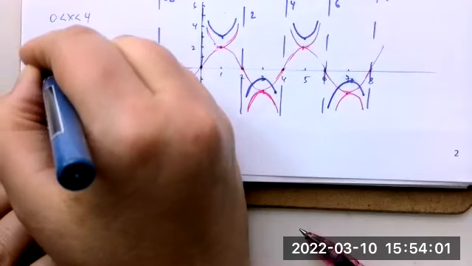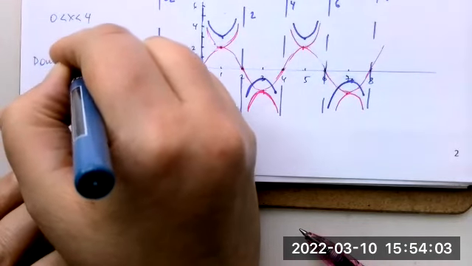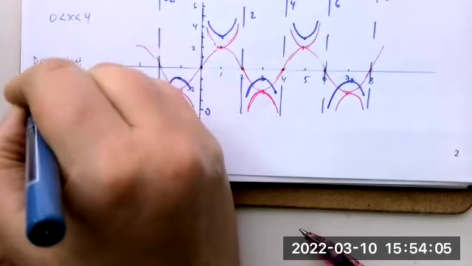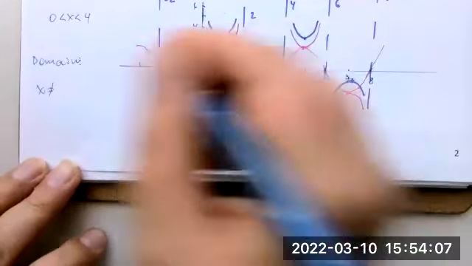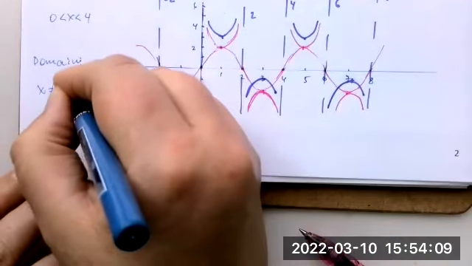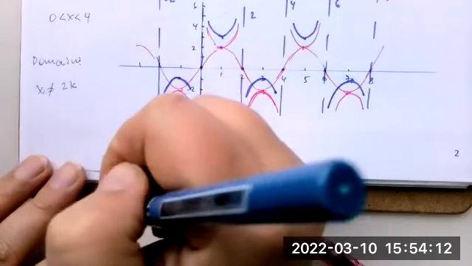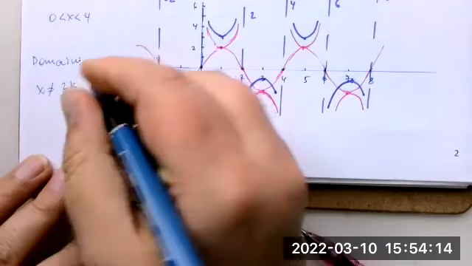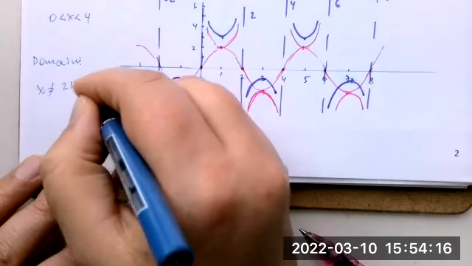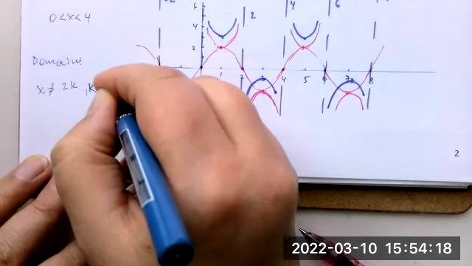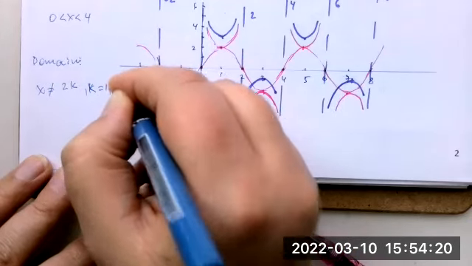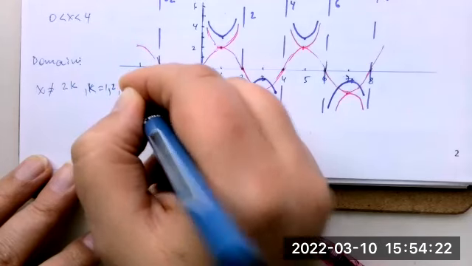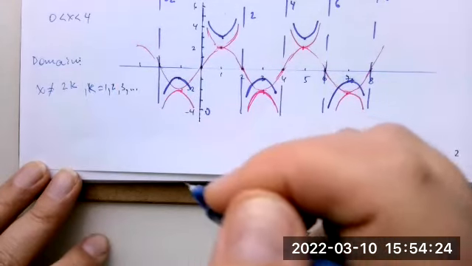So the domain of this function is x not equal to 2k, the even numbers, where k could be any whole number.